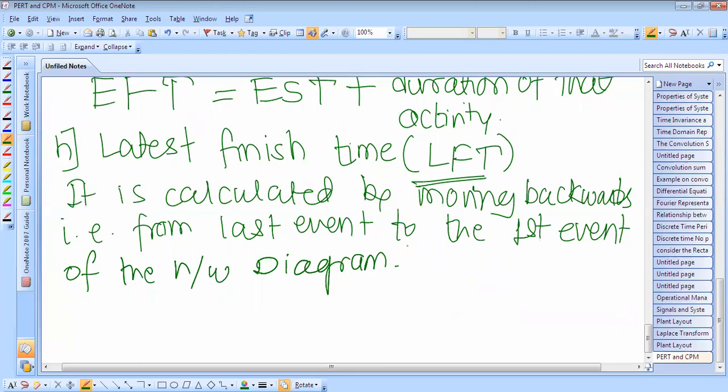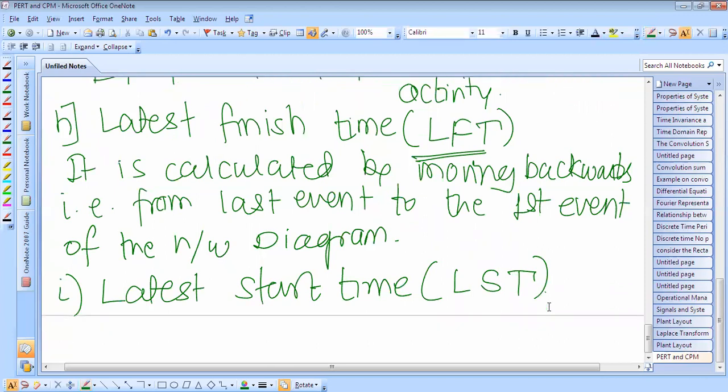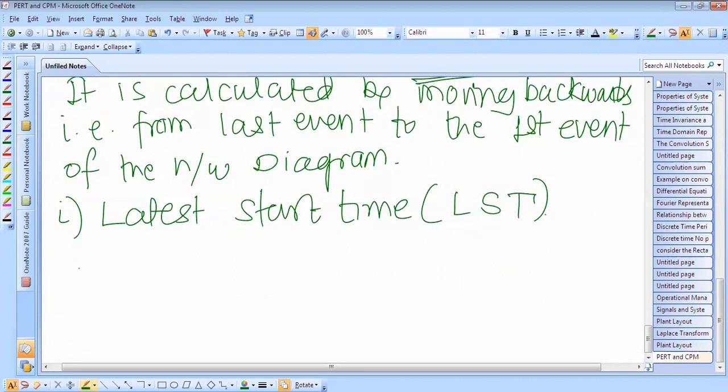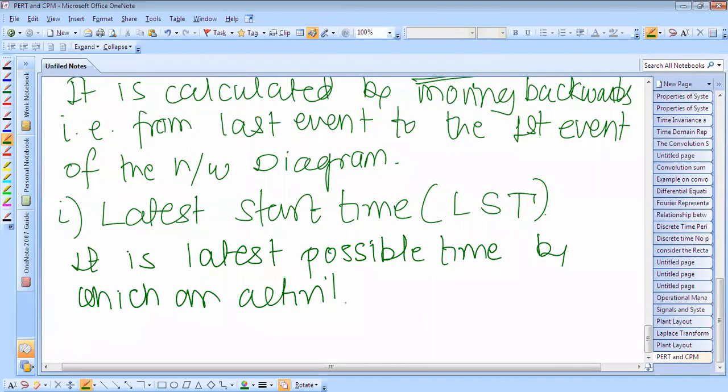Okay, so latest start time, LST. It is the latest possible time by which an activity can start.